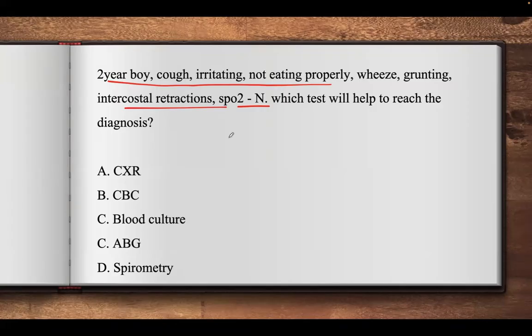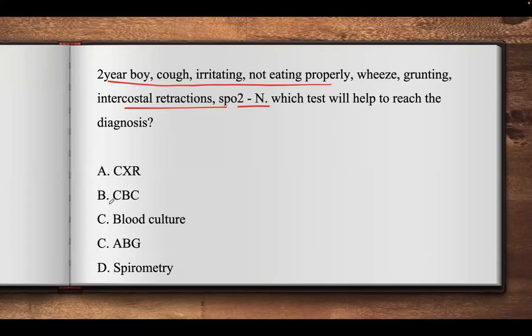Community acquired pneumonia in children doesn't require a chest X-ray unless it is severe. So in mild to moderate pneumonia, we don't even require the chest X-ray. But maybe there could be some other features in this question which the recaller has not mentioned. So we can just say maybe the chest X-ray, but I'm not sure about the context of this question, to be honest. But everything else doesn't meet the question criteria.